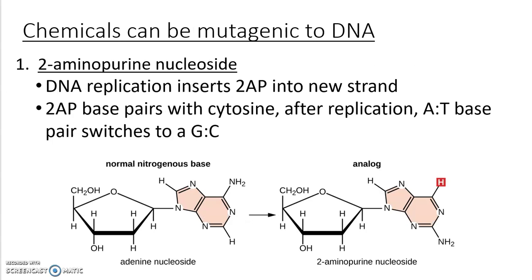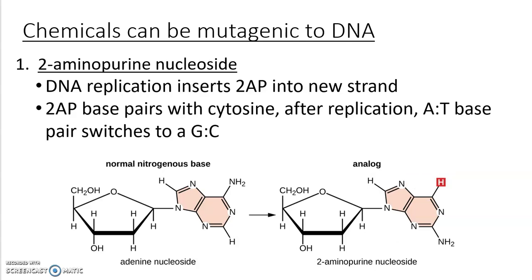And if we look at some of these chemicals that are out there, this is a normal adenine nucleoside. Notice there's no phosphate, so this is not a nucleotide yet. But this one's kind of interesting because they've been able to chemically synthesize what's known as an analog of this nucleoside base. Instead of having an amino group hanging off this ring, they've actually got just a hydrogen.